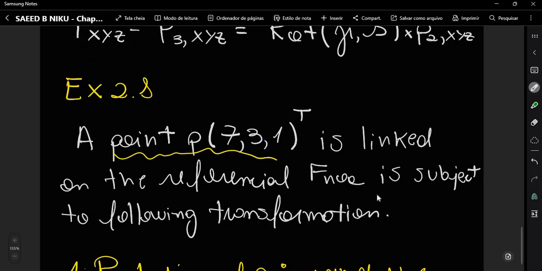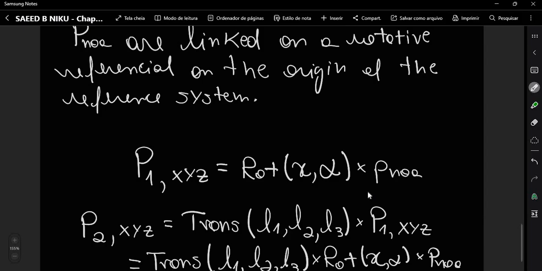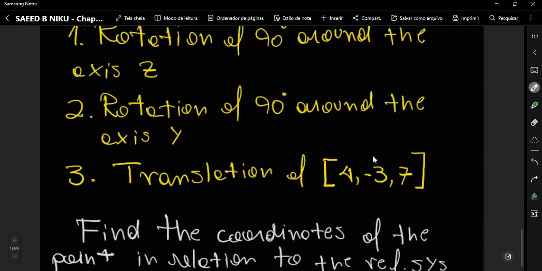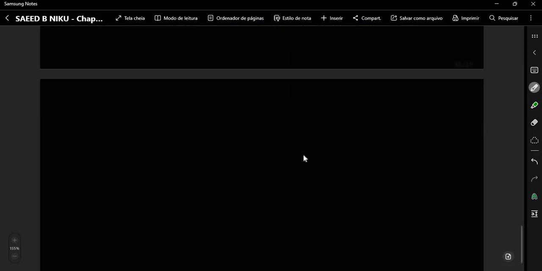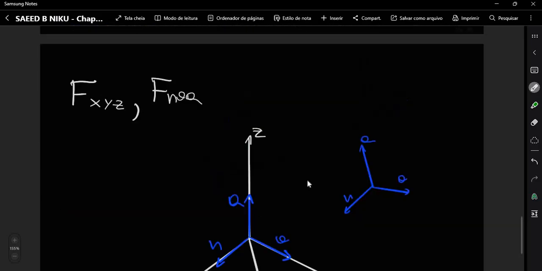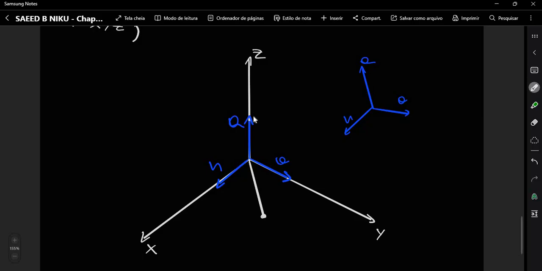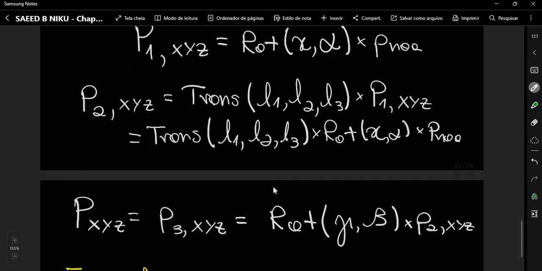So if we go back to the last video, where I told you that it is much easier if we work with these notations, then all the time we draw the reference systems, and it is the way that we work this type of problem.